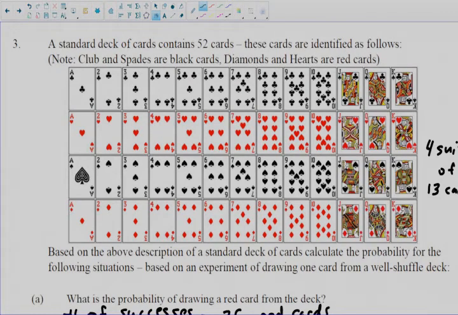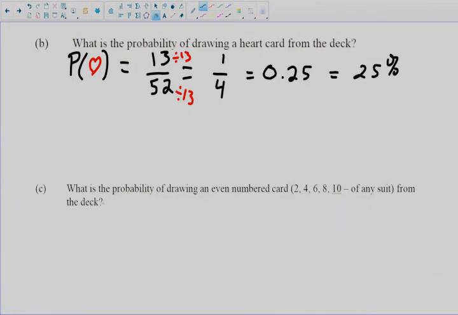Well, they're all above each other, right? So there's 1, 2, 3, 4, 5 even cards for one suit, but there's 4 suits. So there's 5 times 4, which is 20 even cards.